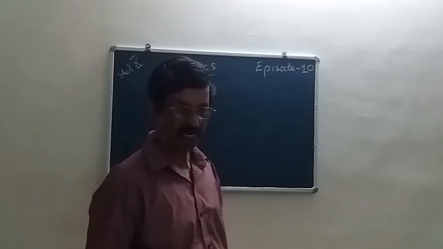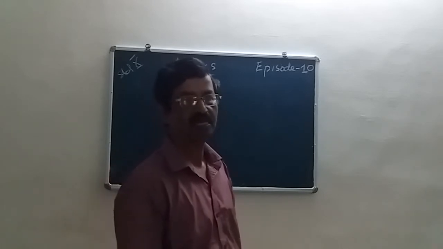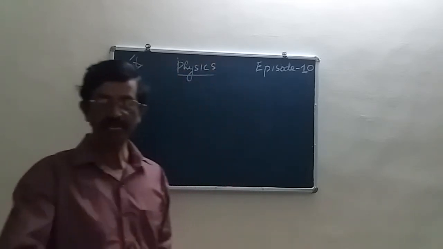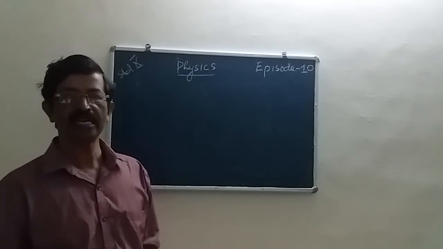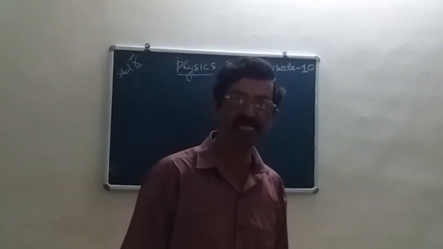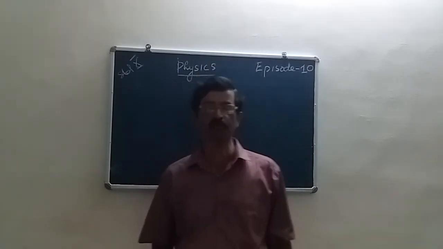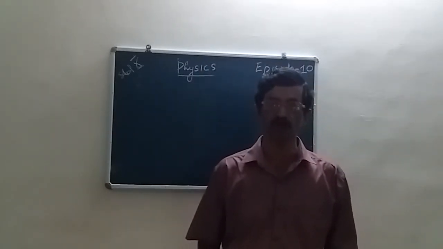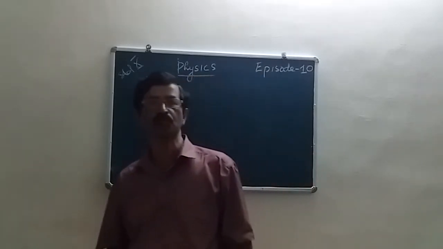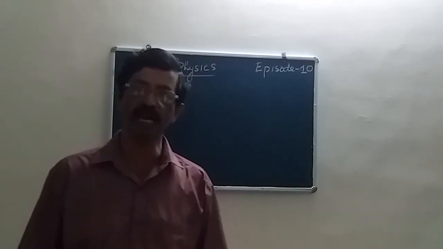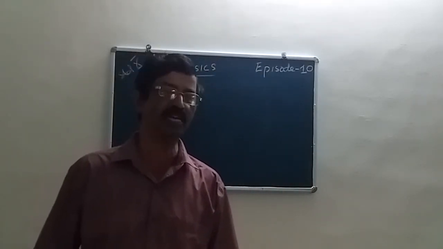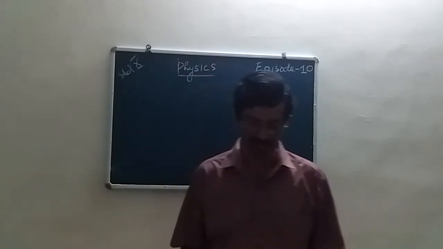Why does the sun appear reddish early in the morning? That we know. In the morning, the sun is at the horizon. At that time, sunlight travels through thick atmosphere and also a larger distance when we compare with other times.